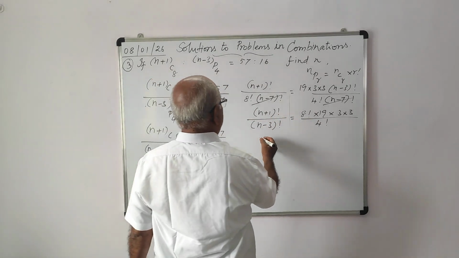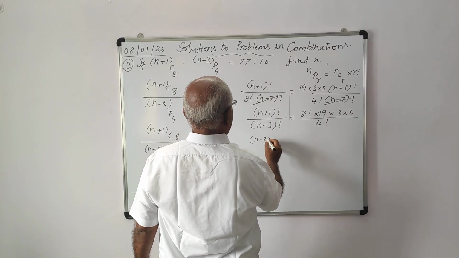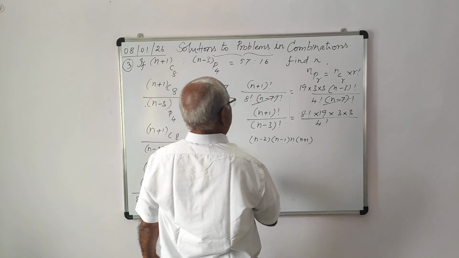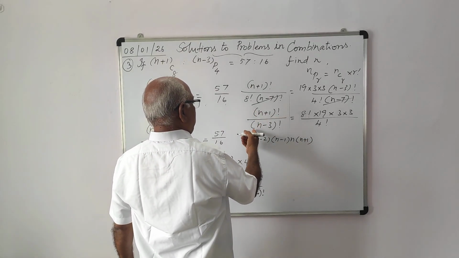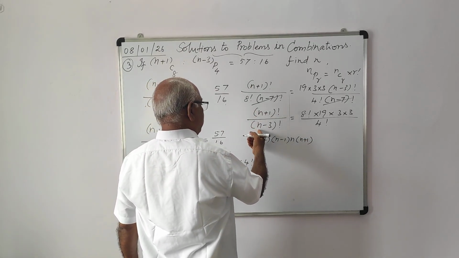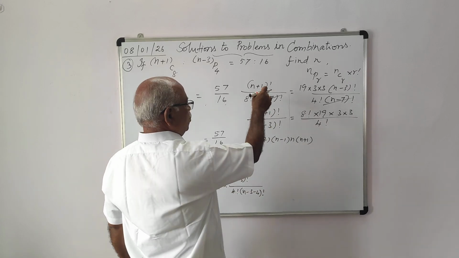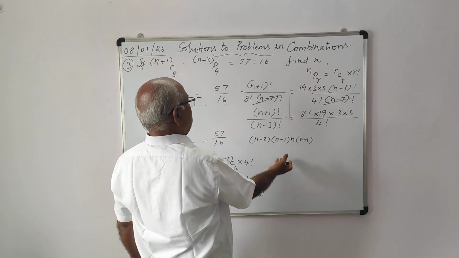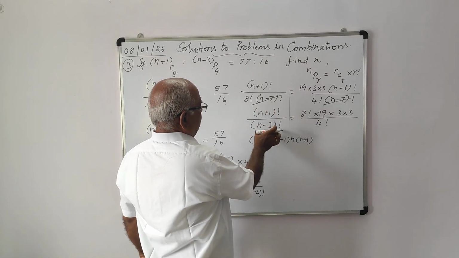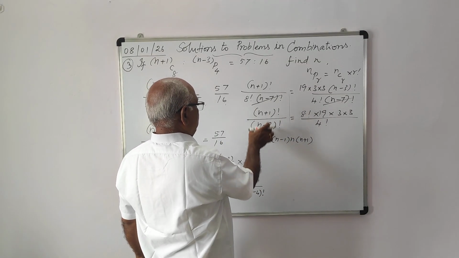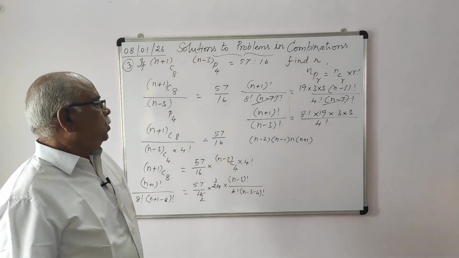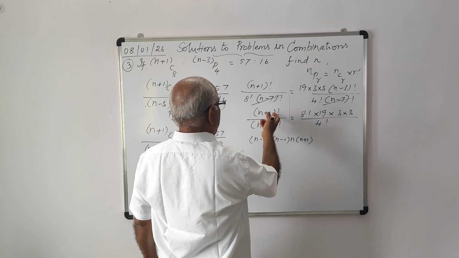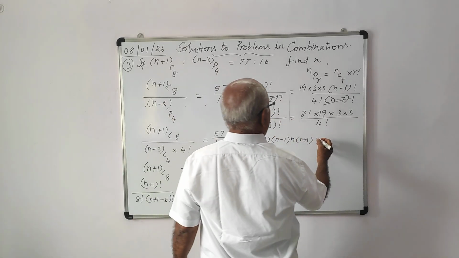The remaining terms are (n-2) into (n-1) into n into (n+1) only, after cancelling (n-3) factorial in the numerator and denominator.